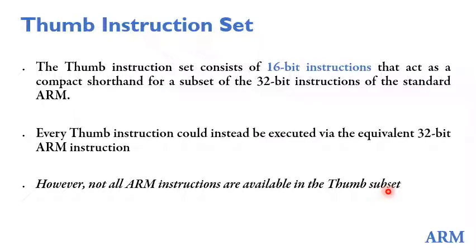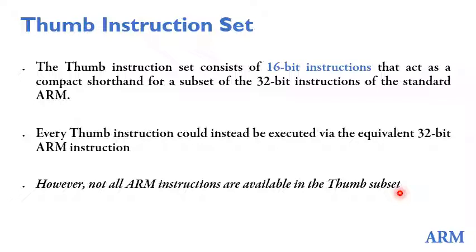So the method of writing a program in the earlier ARM processors was that whichever task can be done using the 16-bit thumb instructions was written using these instructions only. But as I have told you, not all ARM instructions are available in the thumb subset. That means there are certain complex tasks, like math operations or decision making tasks, for which there is no instruction in the thumb set.